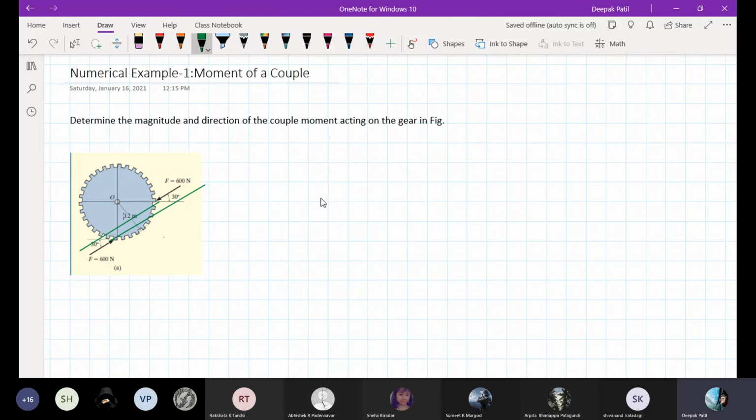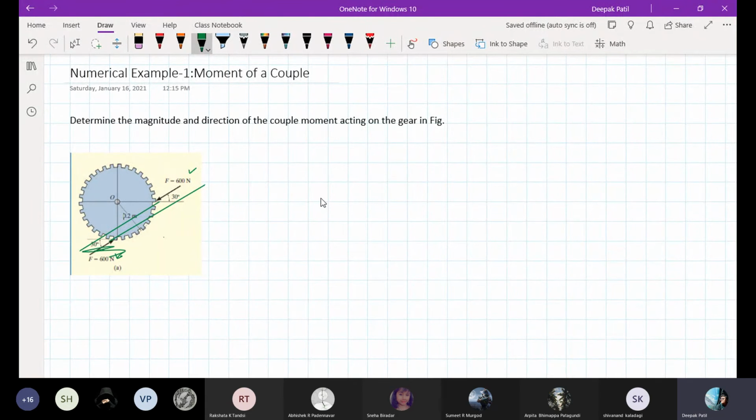You can see these two forces are equal in magnitude, both of them are 600 newtons. They are opposite in direction, and they are parallel to each other. These two lines are parallel and separated by some definite distance. So these two forces will form a couple.